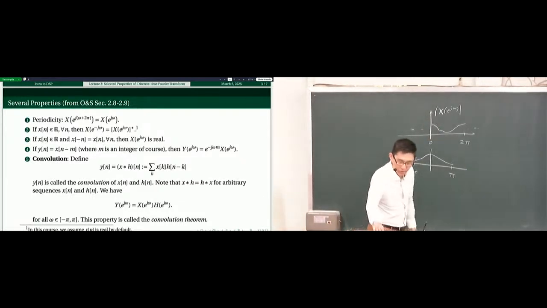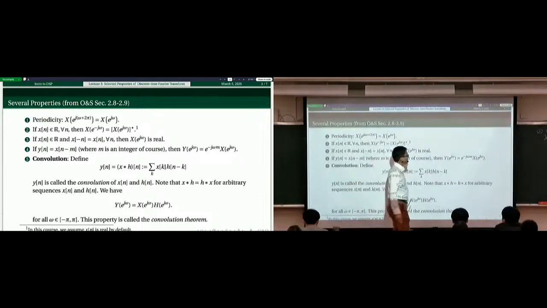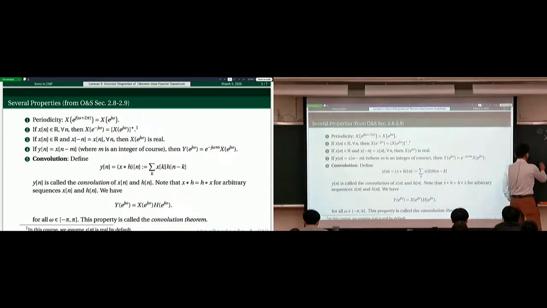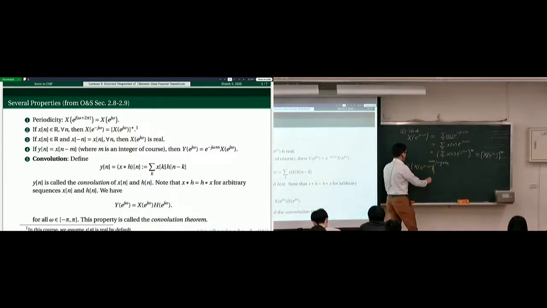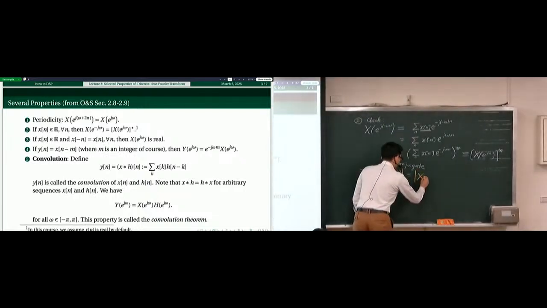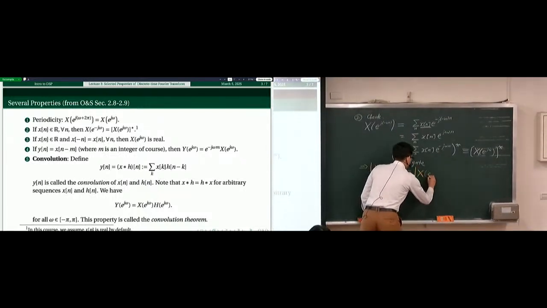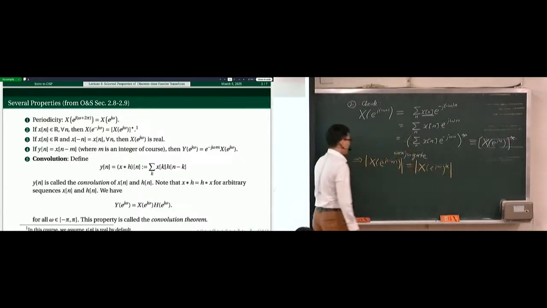So there's a kind of a consequence. Let me write it. Because of number 2, therefore, when you evaluate the magnitude spectrum of X(e^{j omega}) at negative frequency, negative omega, it's going to be the same as evaluating this, right?